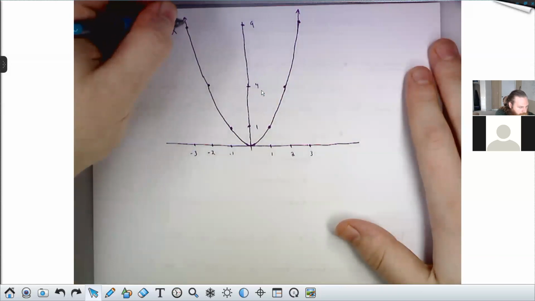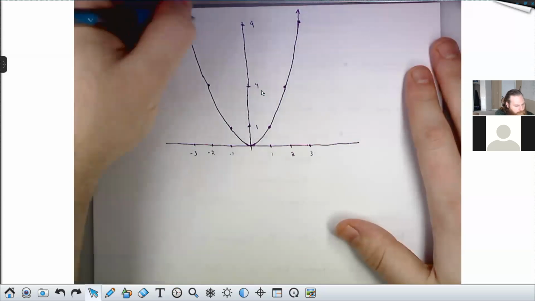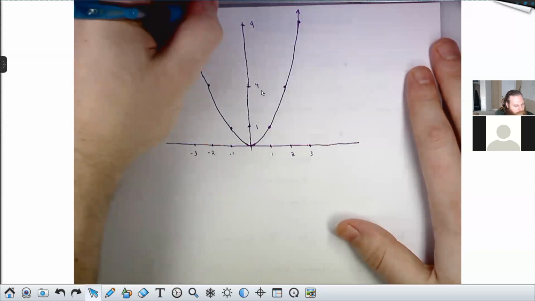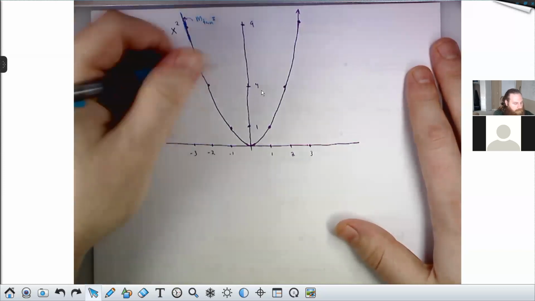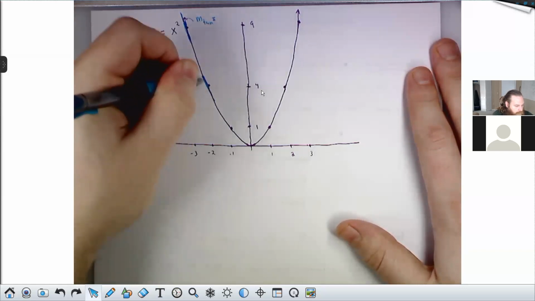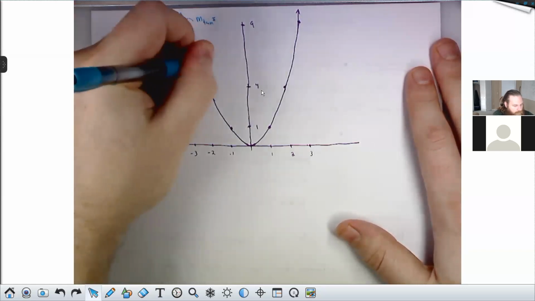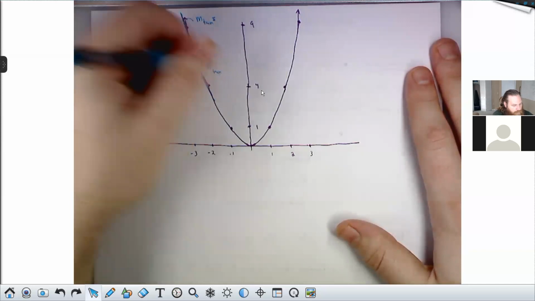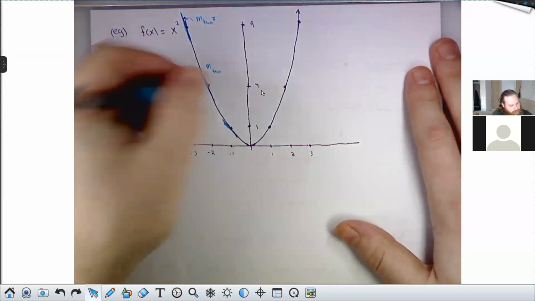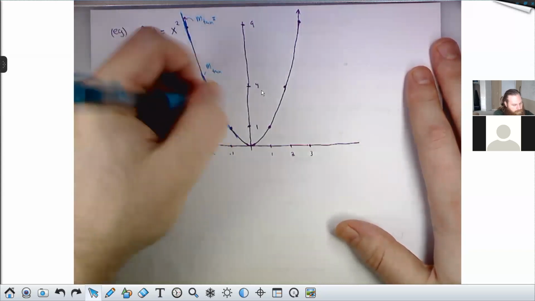So for example, over here, I'm going to draw just a little sliver of this tangent line and take a guess.